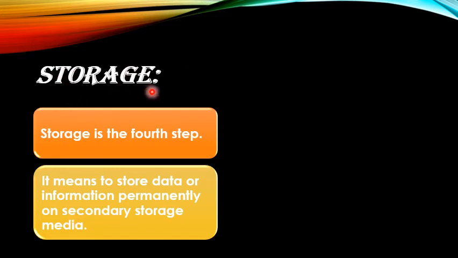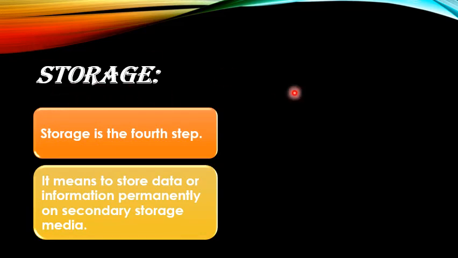The word storage is very simple to understand: putting and keeping of things in a special place for use in the future. If we talk about storage generally, we can store many kinds of goods and different technologies, but here we are concerned with computers.